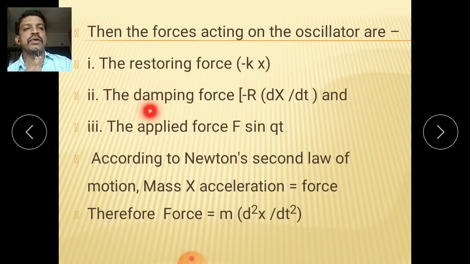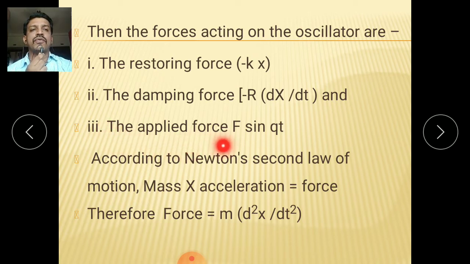The damping force is shown by minus r dx by dt. This is also in the opposite direction of the applied force, therefore it has a negative sign. So these two forces, restoring force and damping force, are in the opposite direction, and therefore are shown by a minus sign.